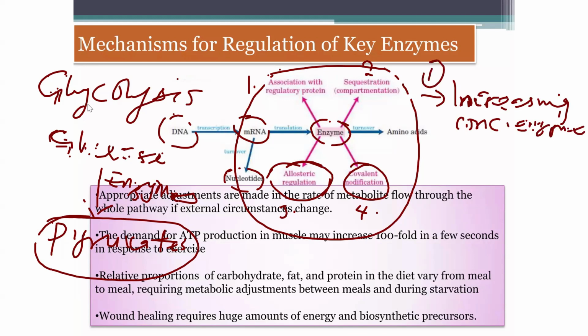The concentration of the enzymes can increase due to increased gene expression, that is, by increasing the production of messenger RNA from the DNA. Of course, if you have an increase in messenger RNA, then you will have an increase in enzyme concentration. So increasing the enzyme concentration can also increase the rate of the metabolic pathway.